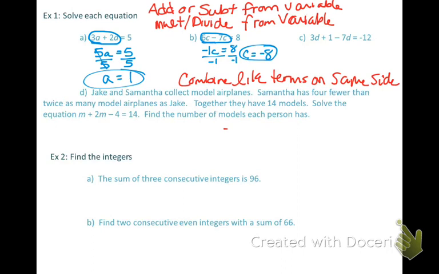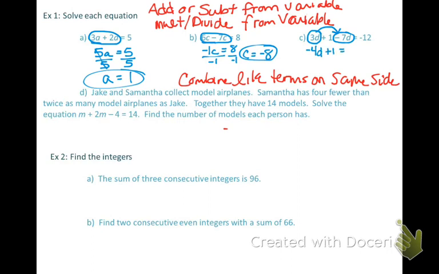C, this is a little different. I have a 3d and I have minus 7d. They're both the same kind of term. So notice I kept the minus sign with the 7d because that minus goes with the 7d. So if I did it, it would be 3d minus 7d. That would make it negative 4d, or minus 4d. I don't care how you do that.